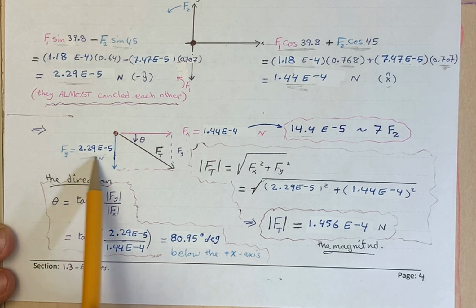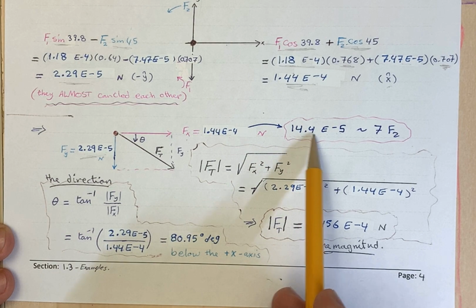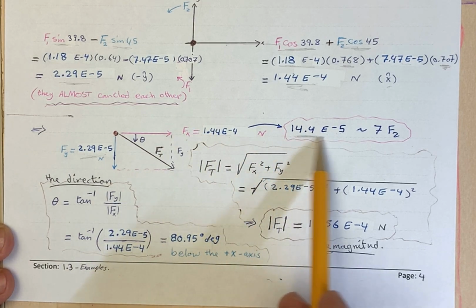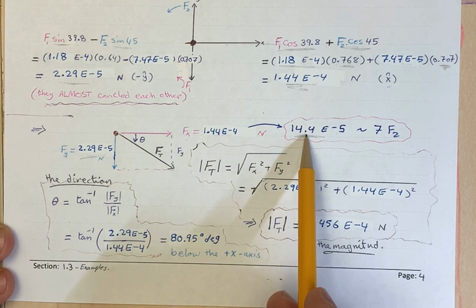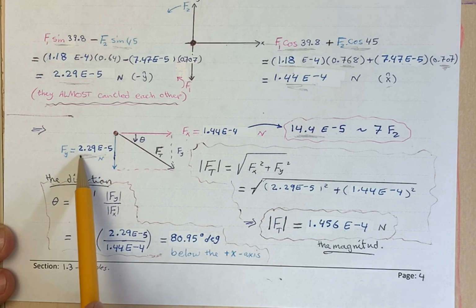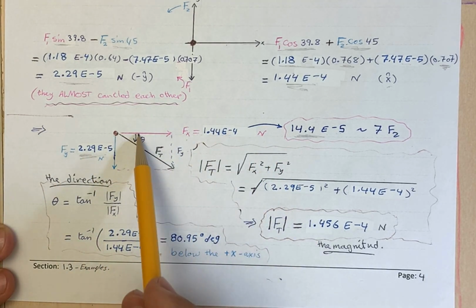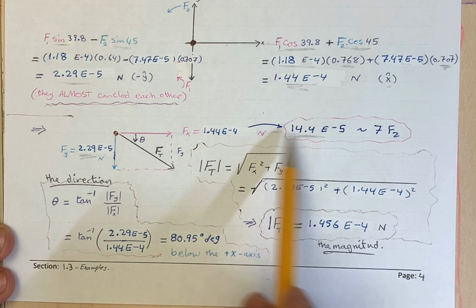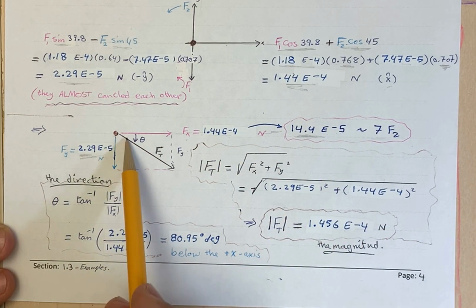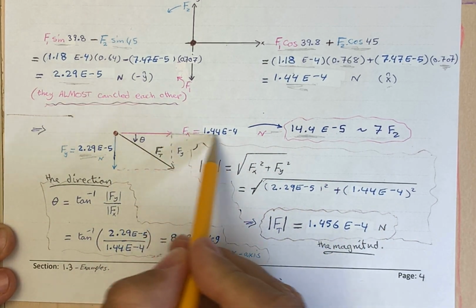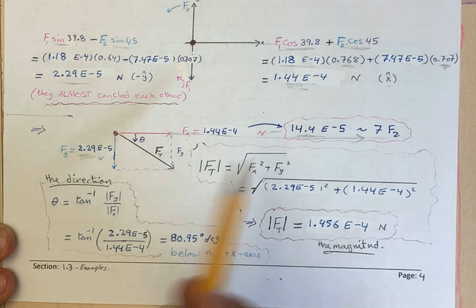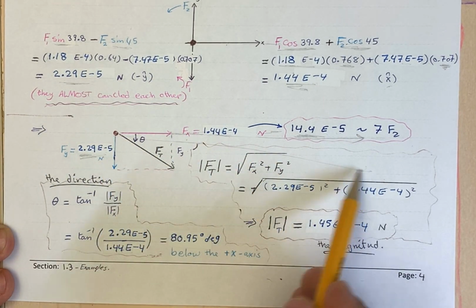As you see, the x component is 14 and here it is 2, which means this force in the x component is almost 7 times the other one, which means this force should be longer. So the resultant force will be in this direction.